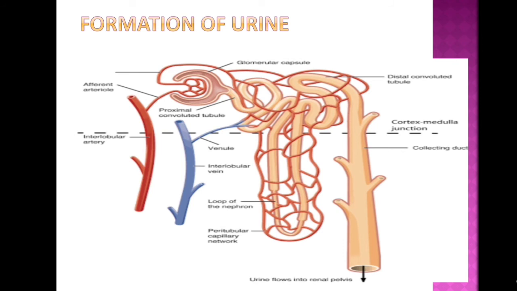Whatever urine is formed in each kidney enters the long tube, that is the ureter, which connects the kidney with the urinary bladder. And the urine is stored in the urinary bladder until the pressure of the expanded bladder leads to it passing out through the urethra.